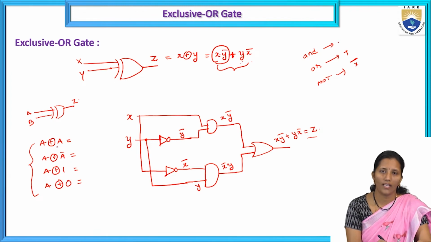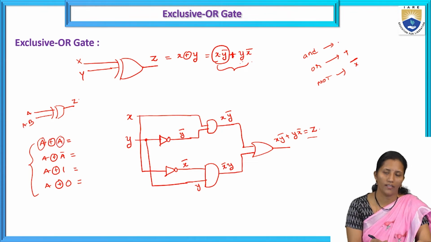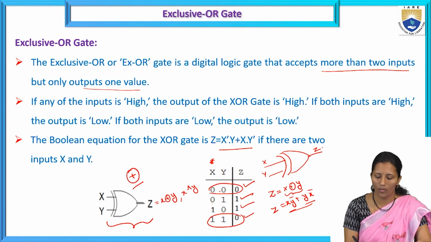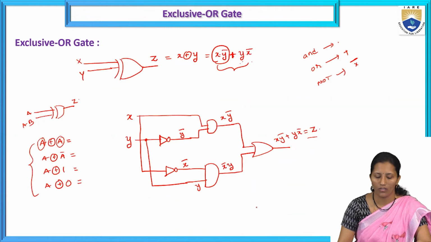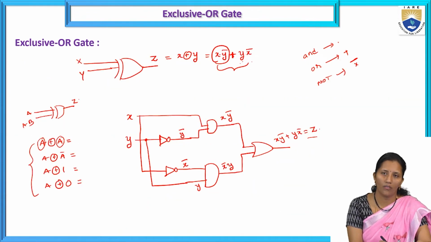A XOR A means both inputs to the XOR gate are equal. What is the output? If you observe this truth table, if both inputs are equal, the output is 0. X and Y both 0, the output is 0. X and Y both 1, the output is 0. So if both inputs to the XOR gate are equal, the output is 0.